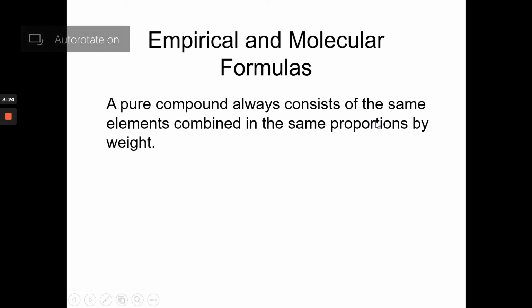All right, so an empirical formula is the reduced form of a compound. The molecular formula is what you find in nature. So for example, I could have N2O4, that's dinitrogen tetroxide, and that would reduce to the empirical formula of NO2.